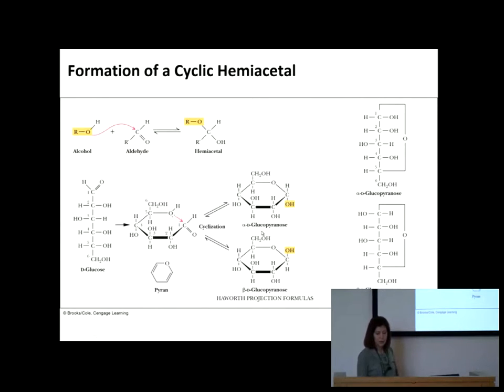Now, notice that here in the open chain, we just call it glucose. And in the closed ring, we call it pyranose because it looks like pyran. That's how they came up with names: hey, this looks like this molecule, let's call it that. All right.